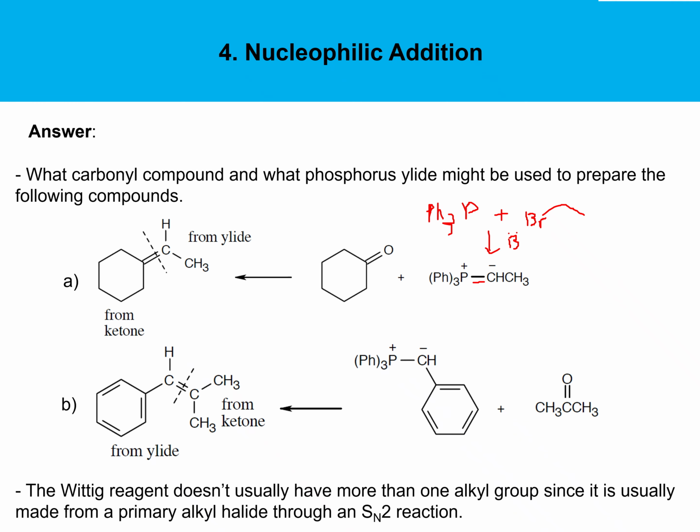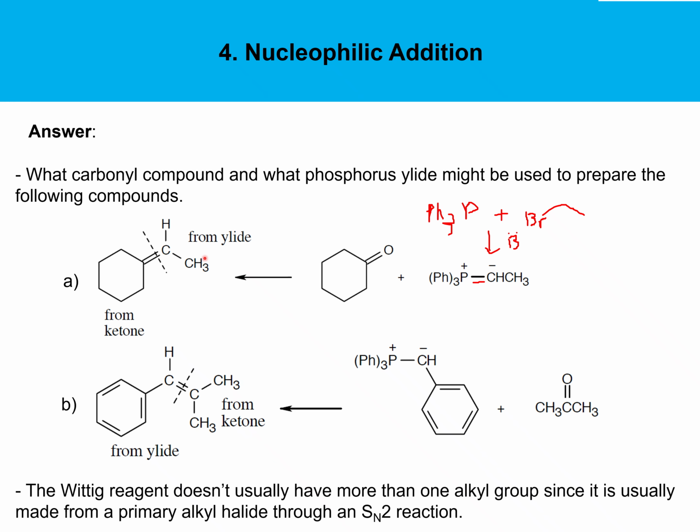Now, my main point here is that because this Wittig reagent is made from an SN2 reaction, we want to make sure that there isn't a lot of sterics around the alkyl halide in order to produce it. So ideally, a primary alkyl halide would work best.